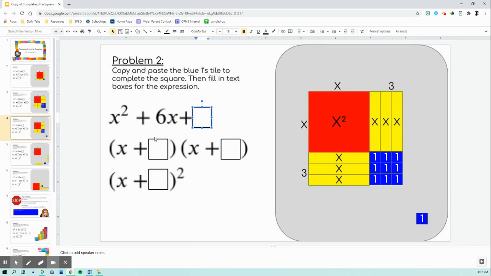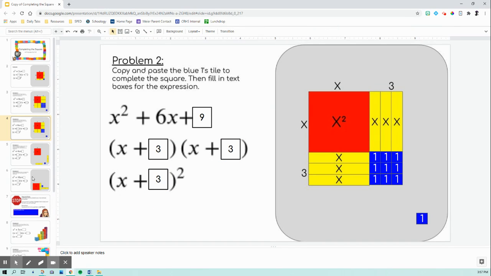We have 6 yellow x tiles. And then we have 9 blue ones tiles. To fill in our second row, going across the top of our algebra tiles, we have x plus 3. And going down the side, we have another x plus 3. So we can rewrite that as x plus 3 squared.